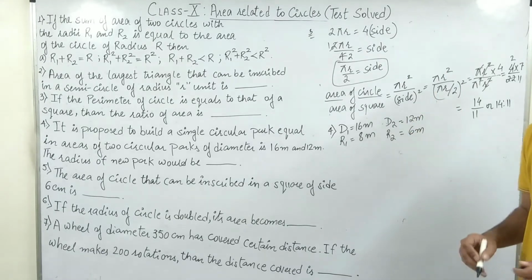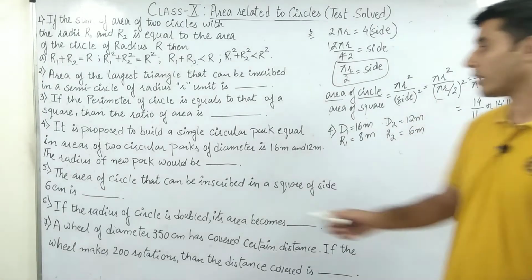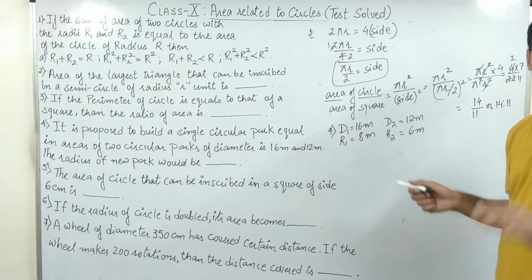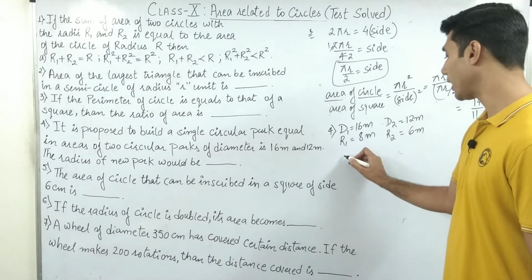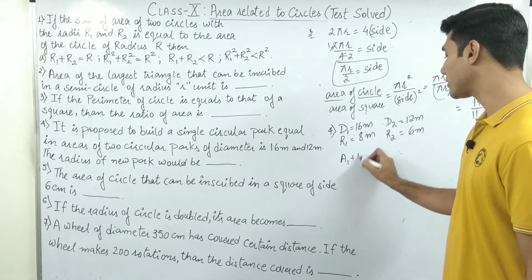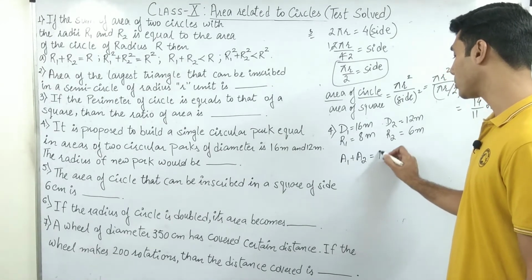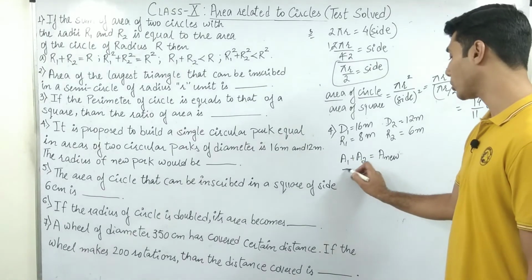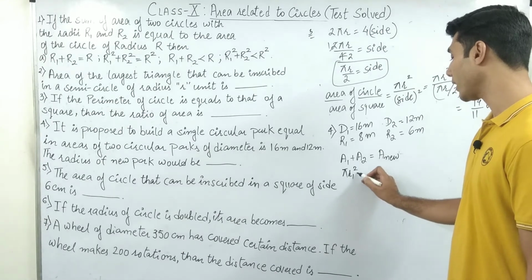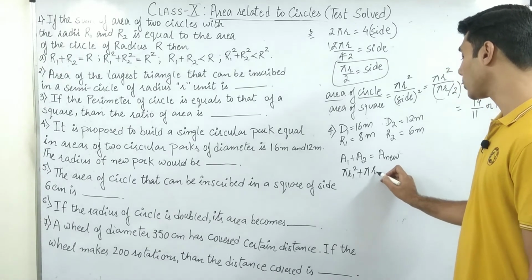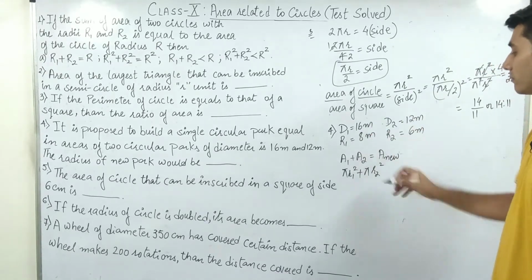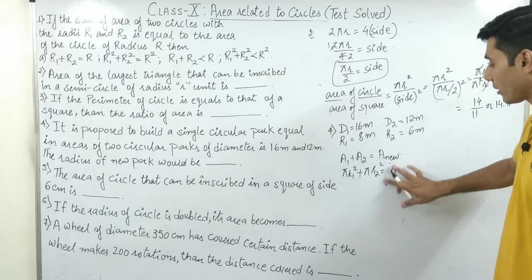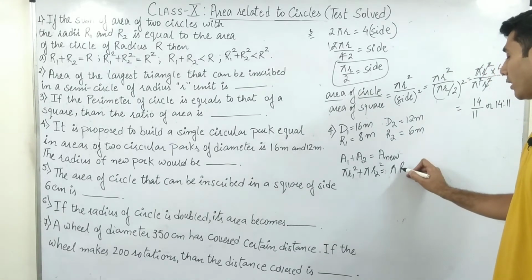The radius of new park will be, now they are saying single circular park equal in areas to these two circular parks. First question की तरह ही है. So let's add up a1 plus a2 should be equals to a of the new park being developed. What is a1? तो pi r1 square plus pi r2 square, मैंने small ले लिया है, सब capital में हो या small में हो फर्क नहीं पड़ेगा, should be equals to pi r square.